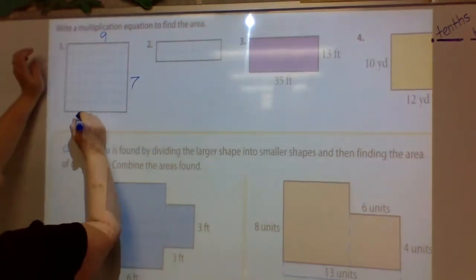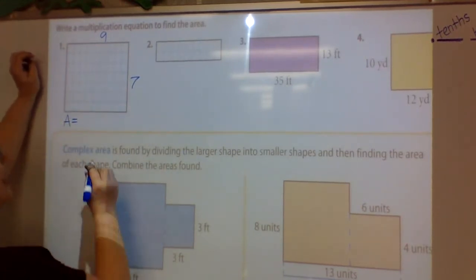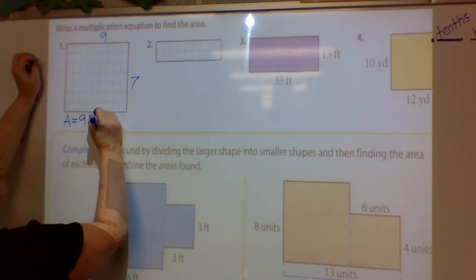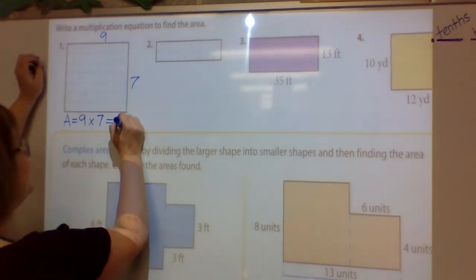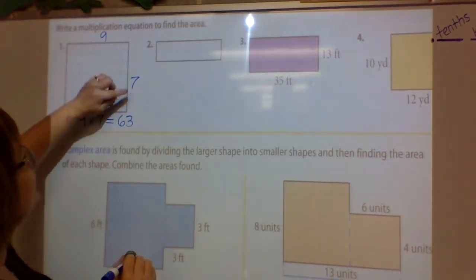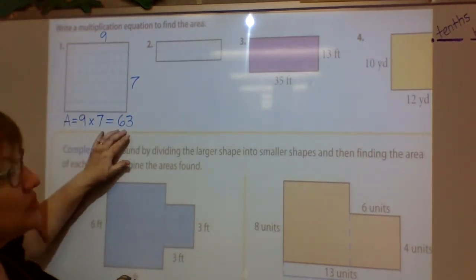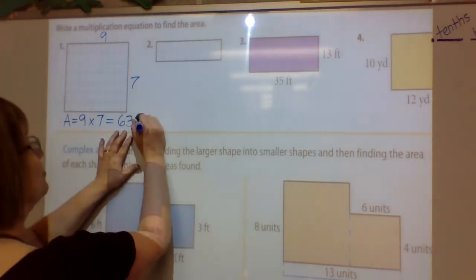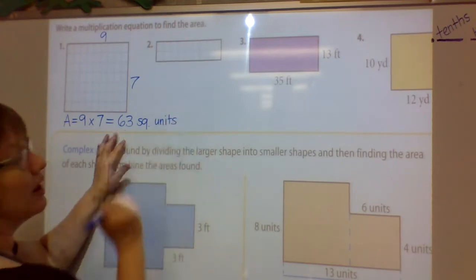So we can write area, A stands for area. A equals 9 times 7, which is 63. And it doesn't say inches or feet or yards, so we don't know that, so we just write 63 square units because we don't know what the units are.